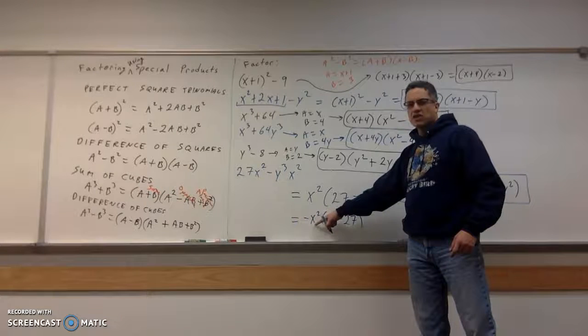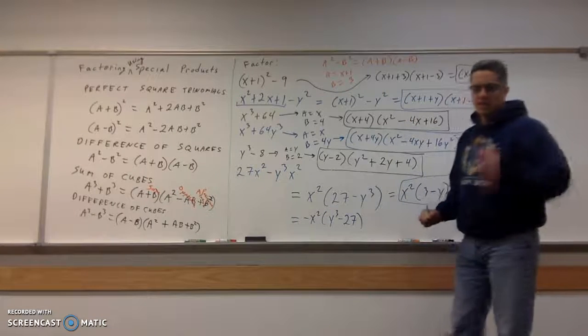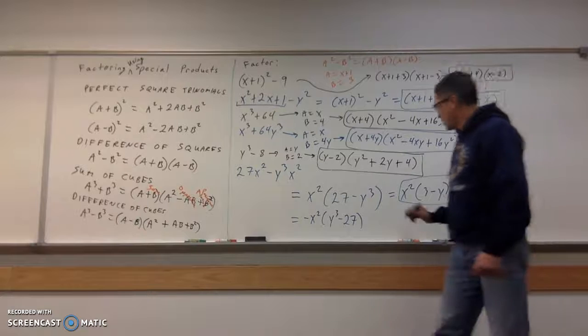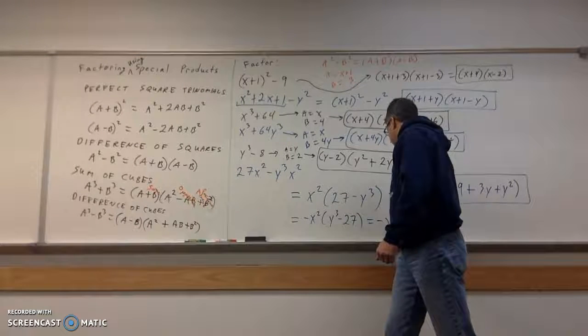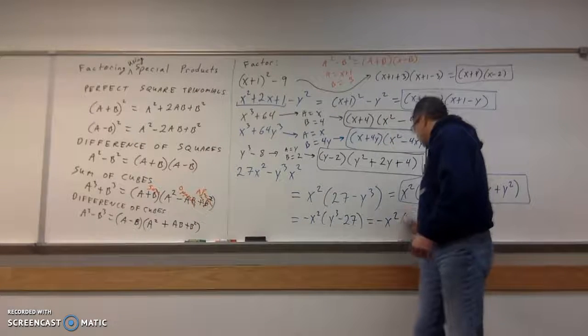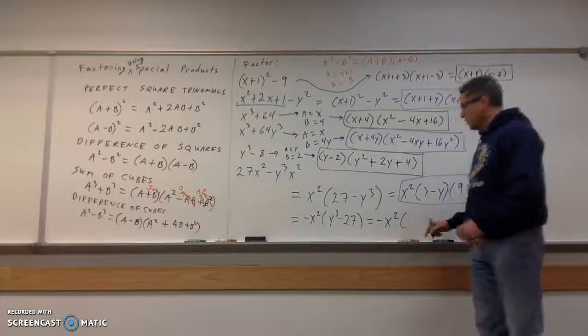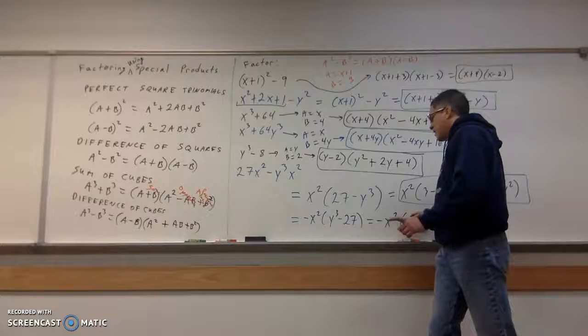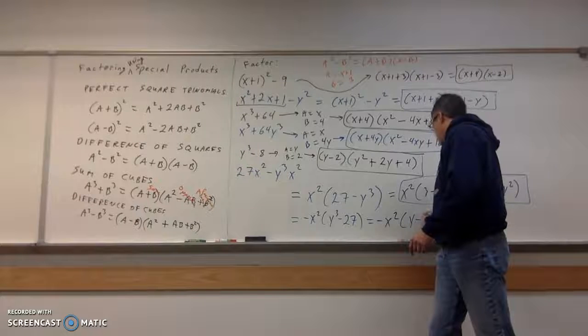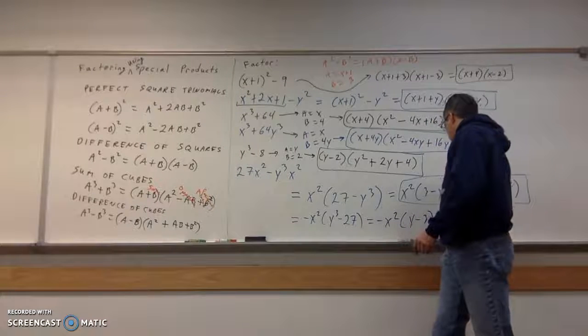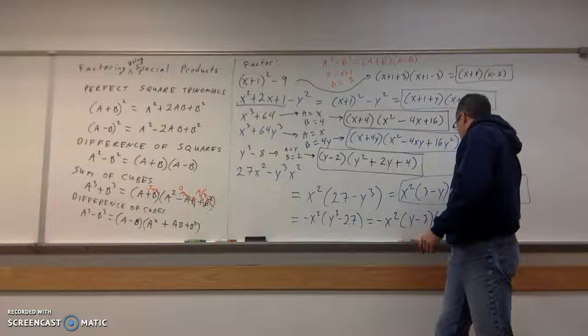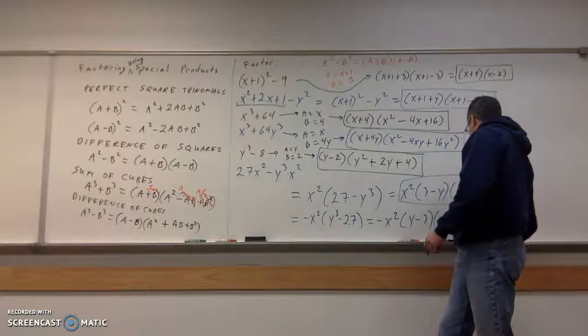Then you have a negative x squared. But a lot of people like to do that. They like to factor out the negative right away. So what will your answer look like? The negative x squared, don't forget it. And then the a minus b, so y minus 3. That's a quantity of y squared plus 3y plus 9.